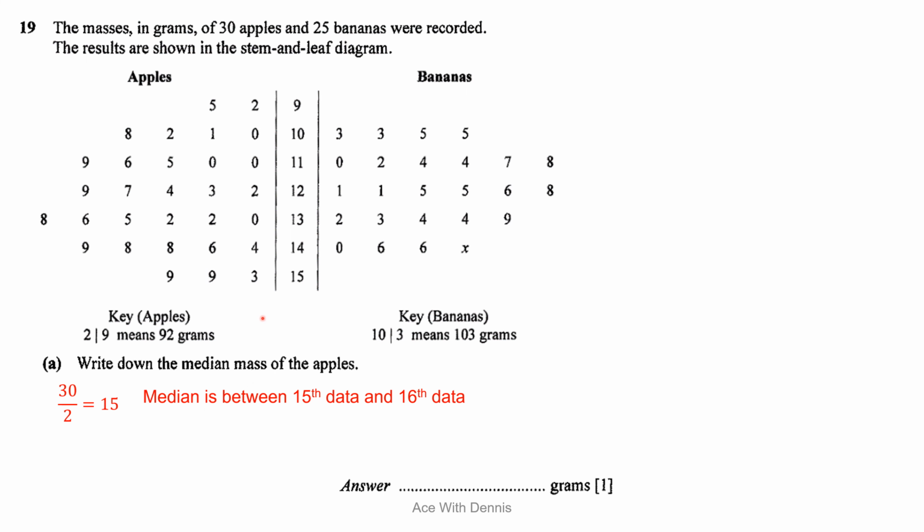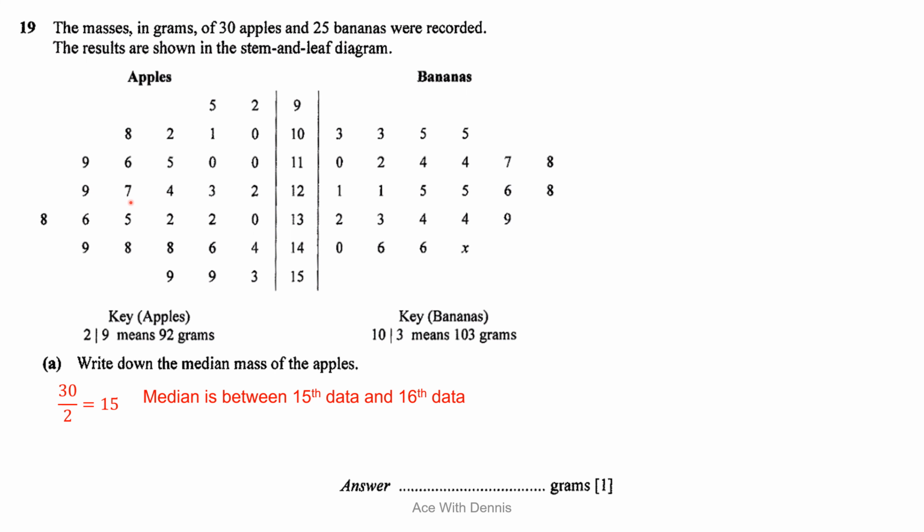So here, you have to be very careful, because when you want to read the stem and leaf diagram for the masses of apples, you have to start from the right to the left, not from the left to the right. So between the 15th and 16th data, let's count 1, 2, 3, 4, 5, 6, 7, 8, 9, 10, 11, 12, 13, 14, 15, and 16.